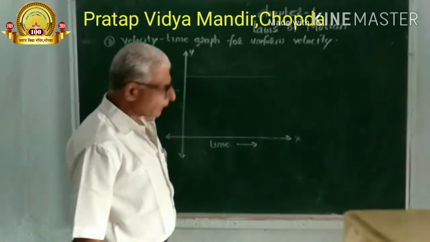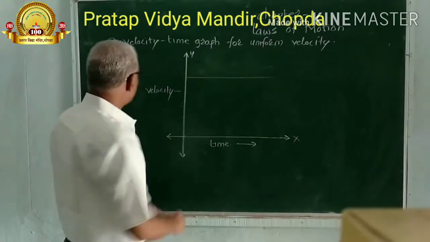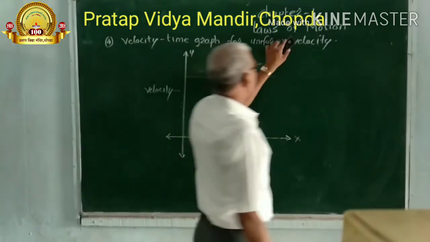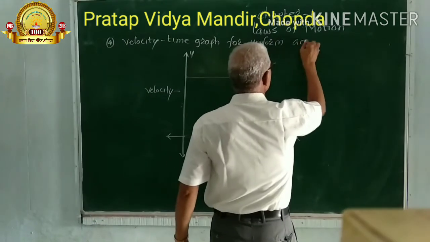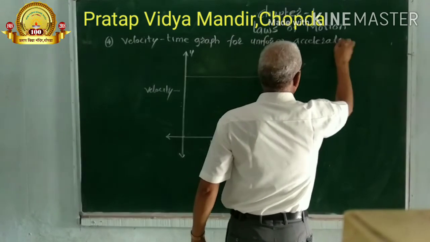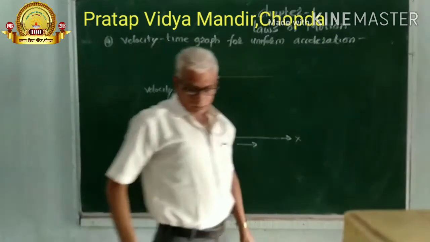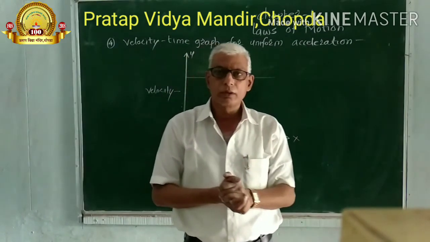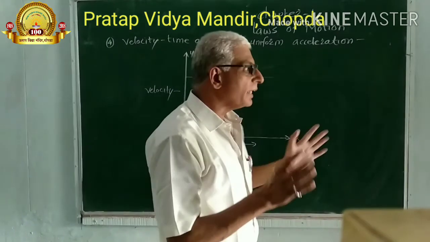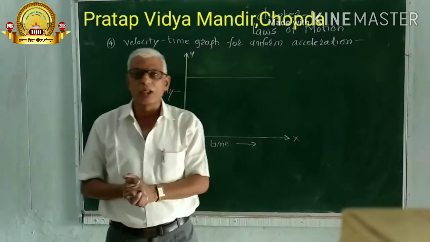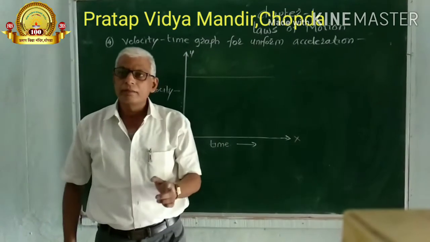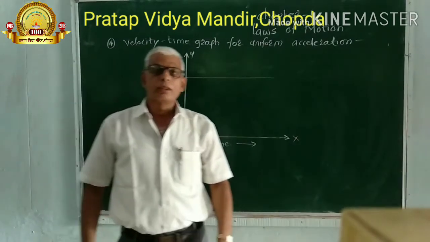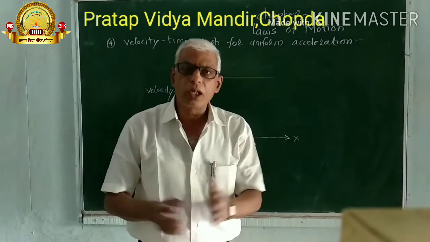Then the next point we have to learn, the fourth point, velocity-time graph for uniform acceleration. The velocity changes by equal amounts in equal time intervals.